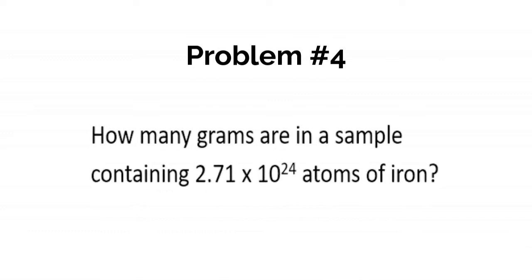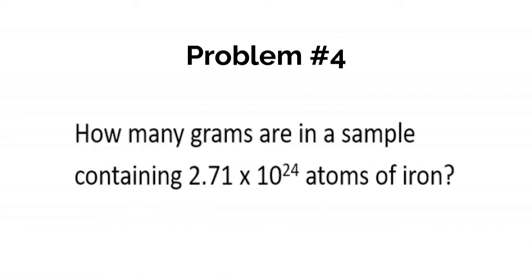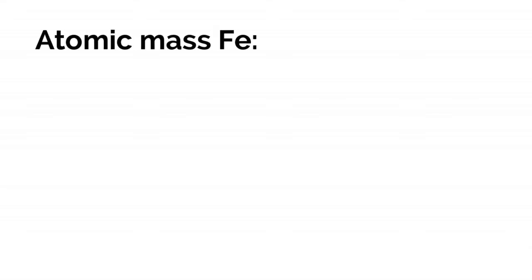Sample problem number 4. How many grams are in a sample containing 2.71 times 10 to the power of 24 atoms of iron? We are going to refer to the periodic table of elements in getting the atomic mass of iron. So the atomic mass of iron is 55.845 grams.